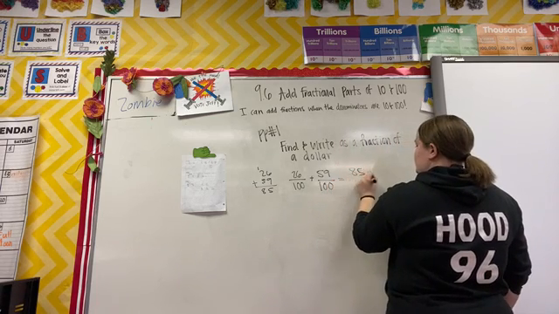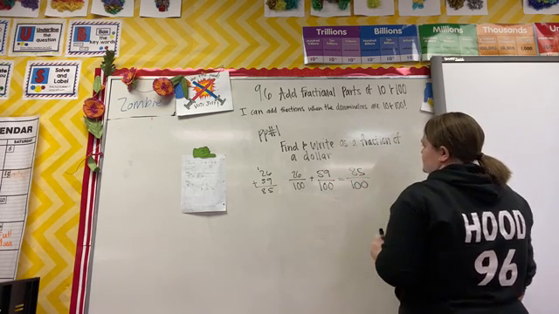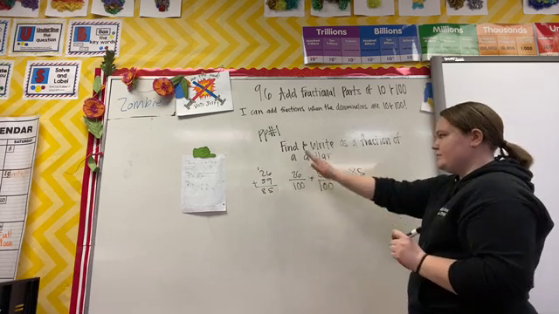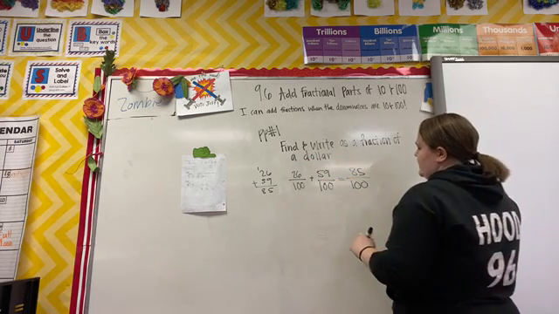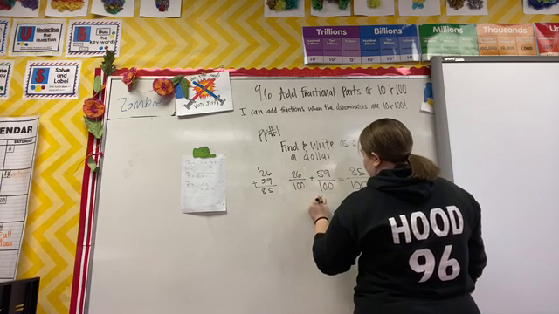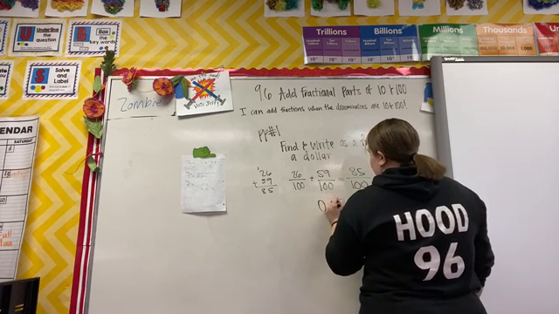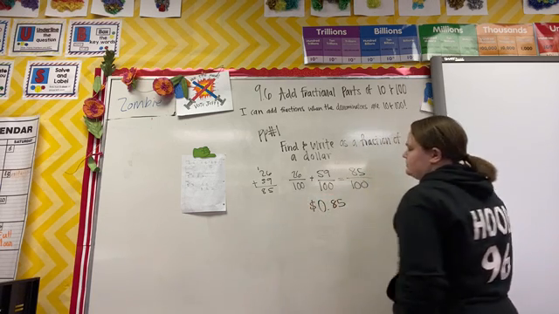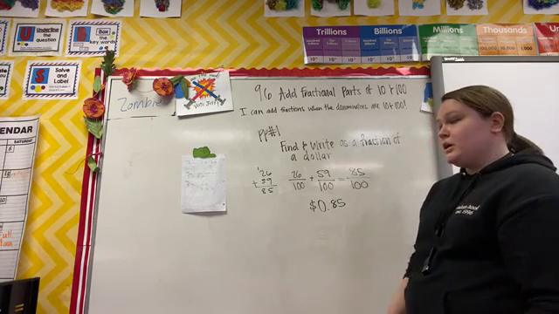So I have 85 hundredths. Okay, so I figured it out. Now I want to write that as a fraction of a dollar. So I have 85 cents. Okay, that is pause problem number 1.